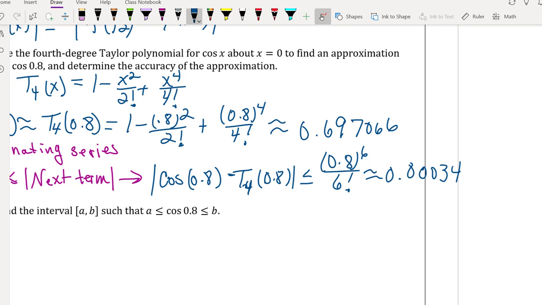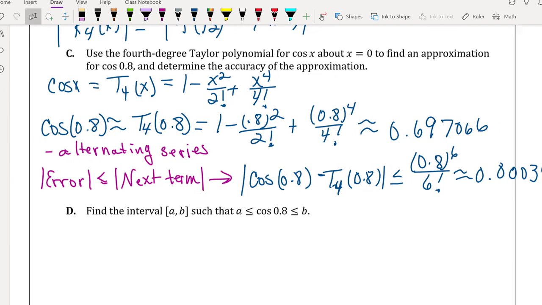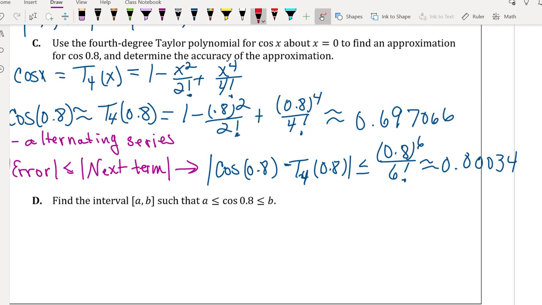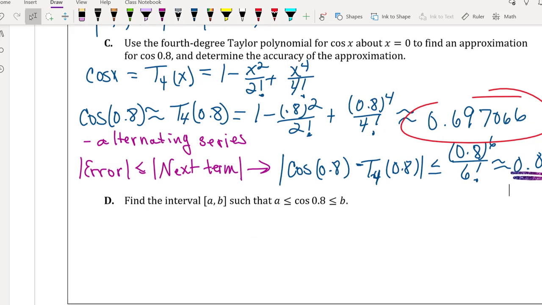Okay, so now we're again trying to show a boundary for our error. What we're going to do is take what we got as an answer in the first part of part C. And we're going to add and subtract our error.